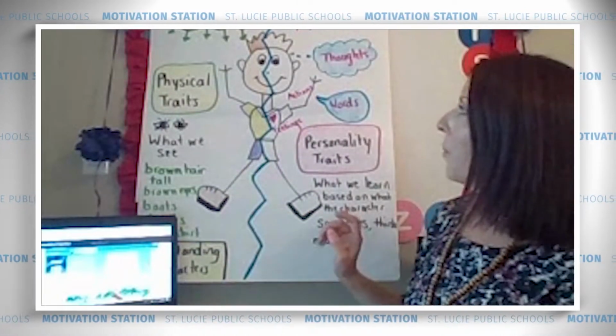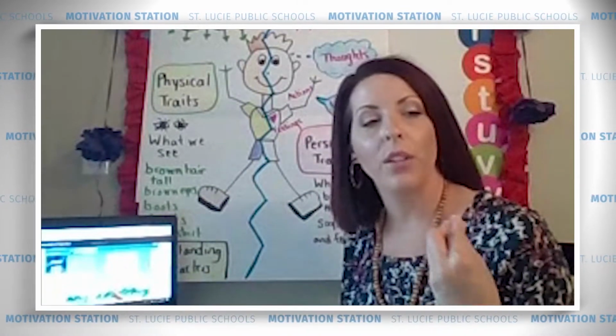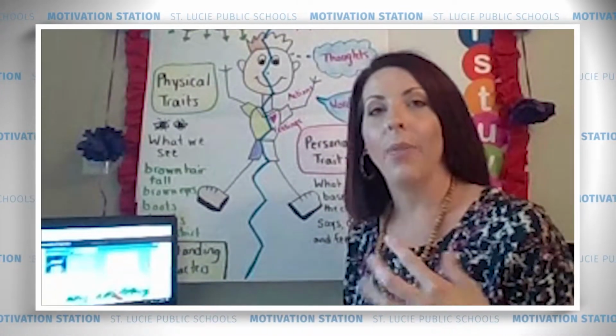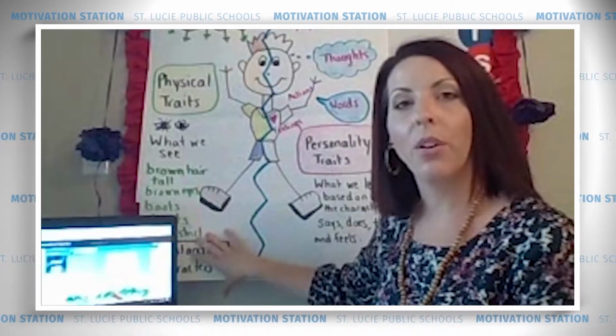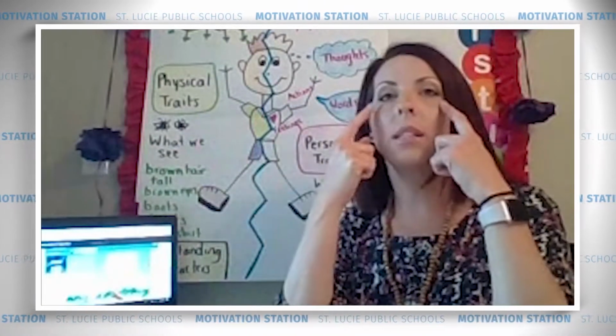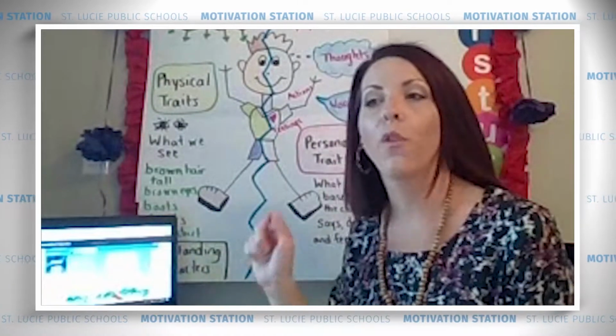And remember, when we're evaluating characters as readers, we are looking at their physical traits. So we're looking at their physical appearance, what we can see with our eyes. What do I actually see from that character, from the pictures, or from the descriptive words that the author is giving me?